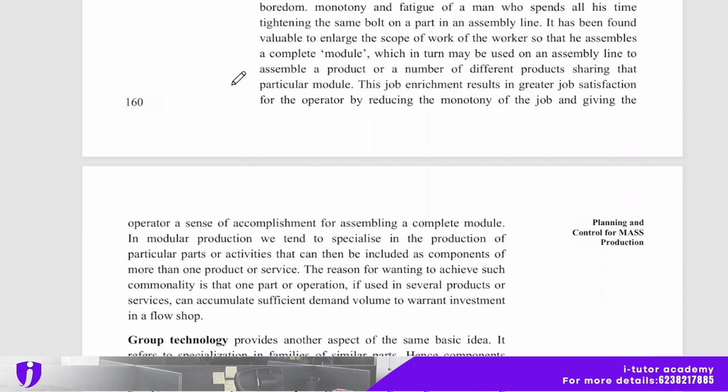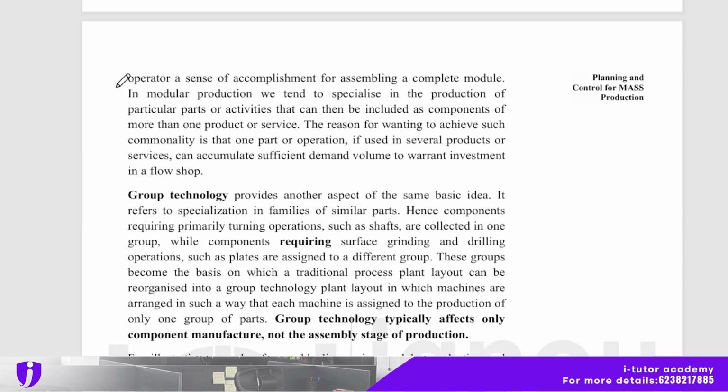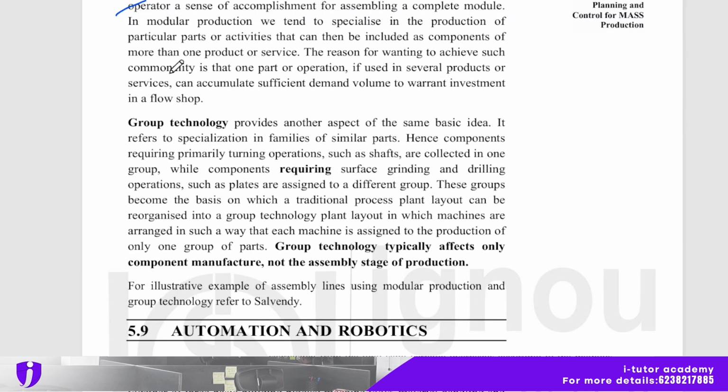It has been found valuable to enlarge the scope of work of the workers so that he assembles a complete module, which in turn may be used on an assembly line to assemble a product or a number of different products sharing that particular module. And next is the operator's sense of accomplishment for assembling a complete module.